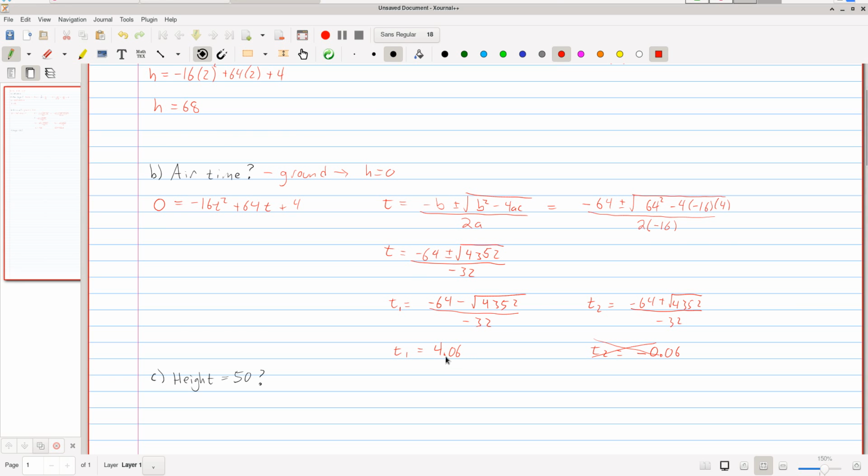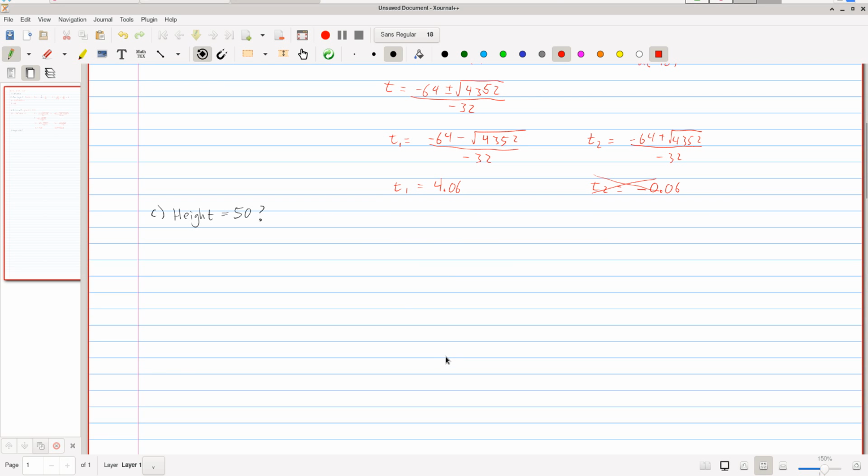The third question is, at what time does the height reach 50 feet? So I'm going to copy down the original formula. This was h equals negative 16t squared plus 64t plus 4. We want to know when the height equals 50. So we're just going to replace h with 50.